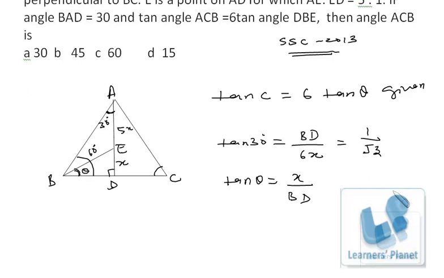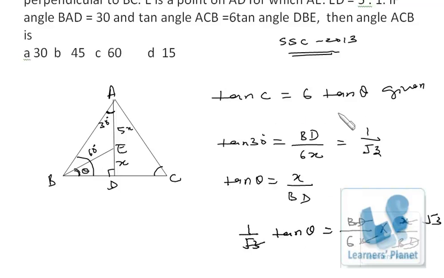Now what I do, I multiply both of them. So tan 30 degree into tan theta, that is 1 upon root 3 into tan theta is equal to BD by 6x into x by BD. Right? So tan theta is nothing but root 3 by 6, right? Tan theta is root 3 by 6.